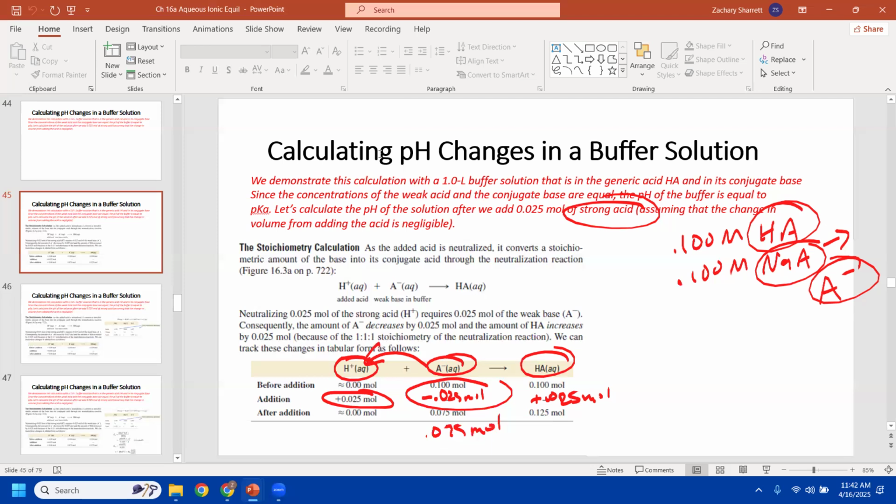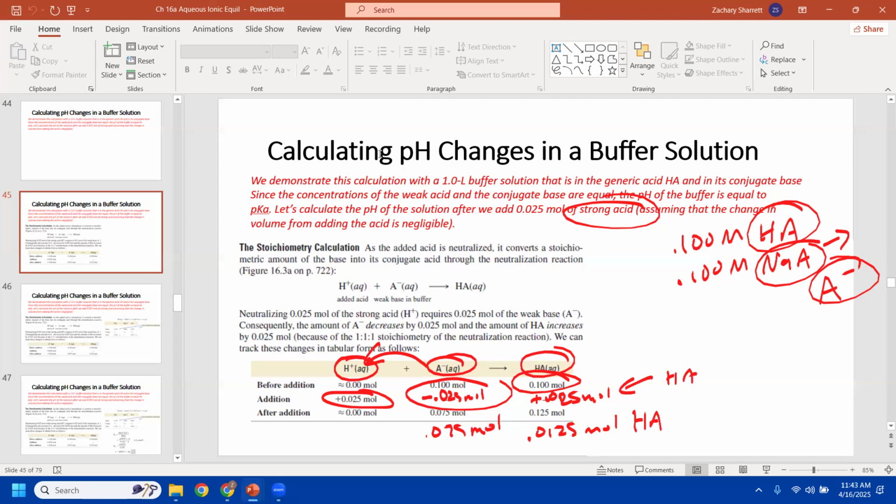But those 0.025 H pluses that came in and grabbed the A minus are making 0.025 more moles of HA. So when you take the 0.1 that was there originally plus the 0.025 that got added, now we have 0.125 moles of HA. So that is the stoichiometry part of the problem.